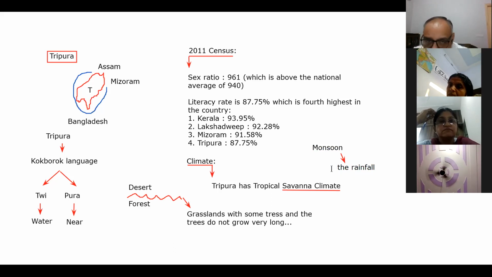And savanna India में अगर हम बात करते हैं इसकी त्रिपुरा की, so savanna climate is that climate where the rainfall is less than the monsoon type of rainfall, right.